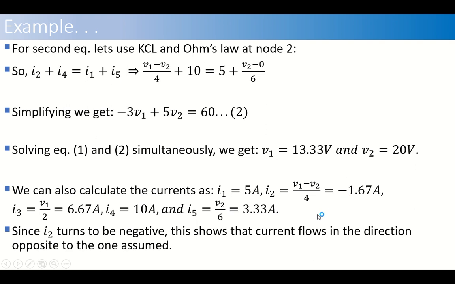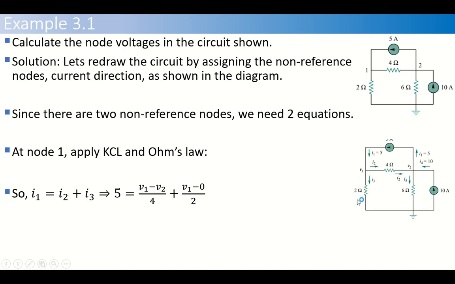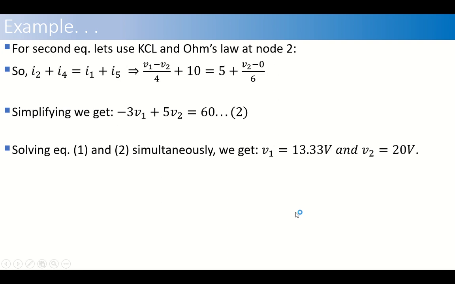Now you can see that the value of I2 is negative. It means that the current direction we assumed for I2 is the wrong direction. The current actually flows in the opposite direction, but the numerical value is still the same, 1.67. We assumed that current is flowing from point 1 to point 2, but actually current is flowing from point 2 to point 1, because V2 is larger and V1 is smaller.